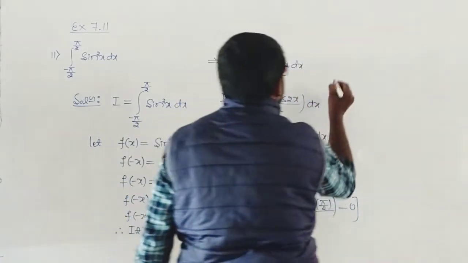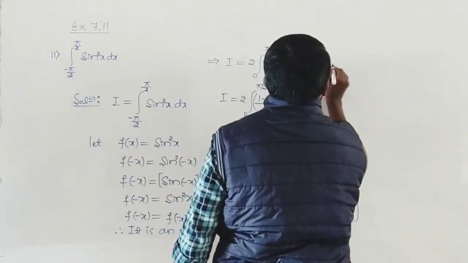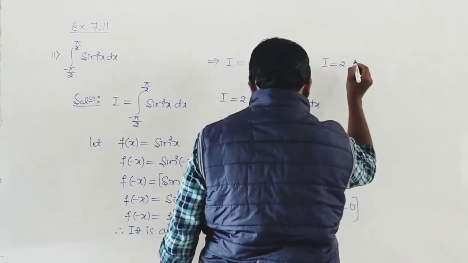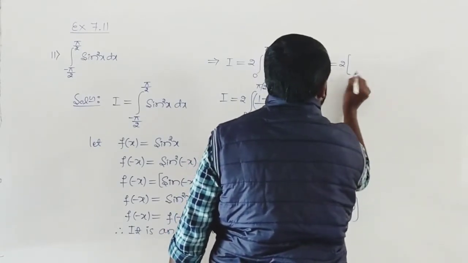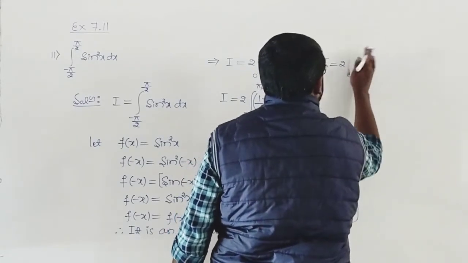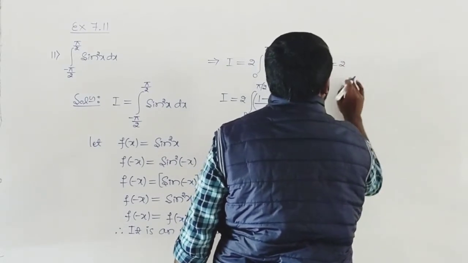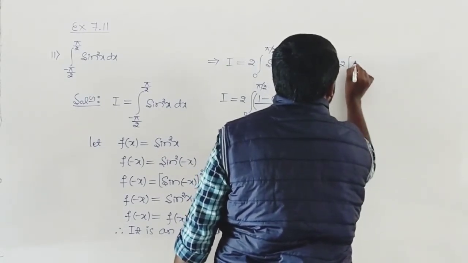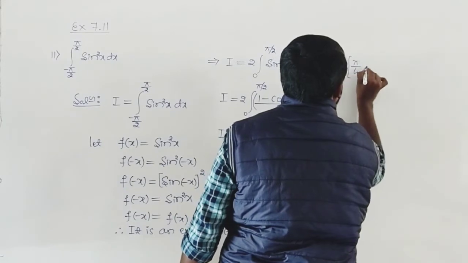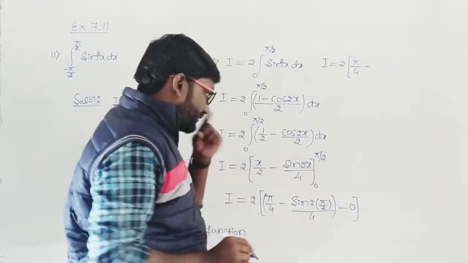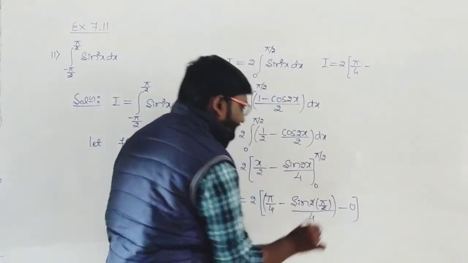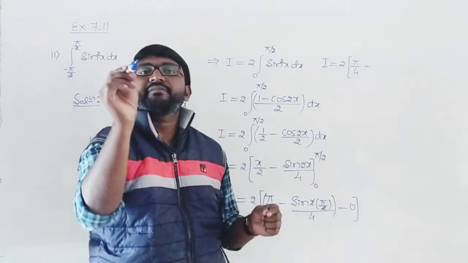Then, now, I is equal to 2, write it outside. Then it is pi by 4 minus. So here, 2 get cancelled. We have sin pi. Sin pi value it is 0.